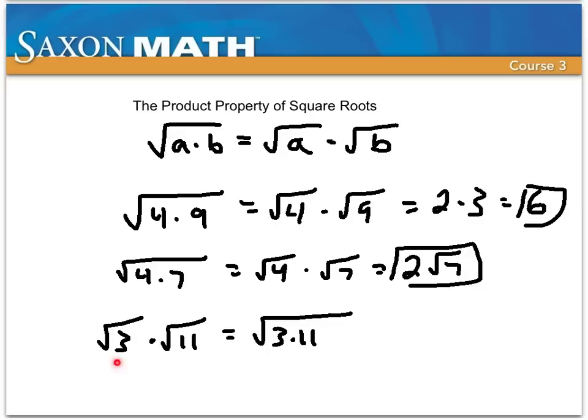I started with these and made it look like this. And then I can just rewrite that. That's the square root of 33. Okay? So this is the product property of square roots, meaning I can take factors and break them apart with the square roots. So let's look at how this is going to help us now simplify radicals.